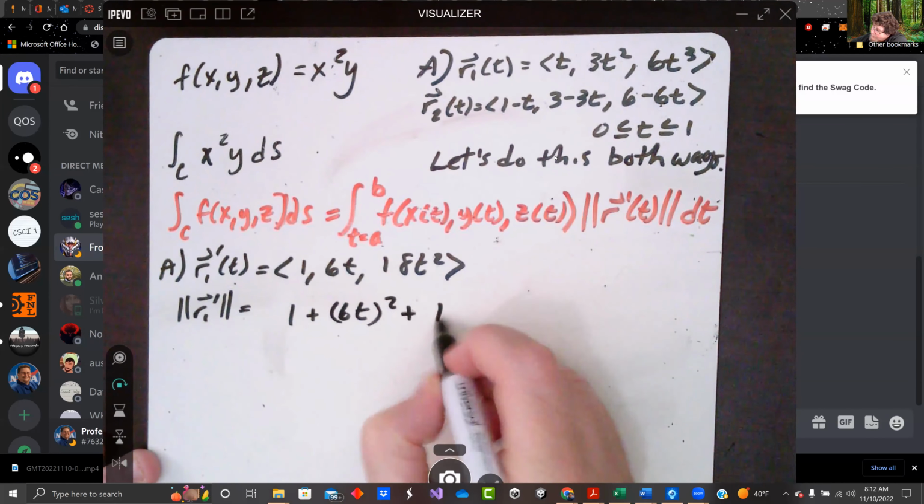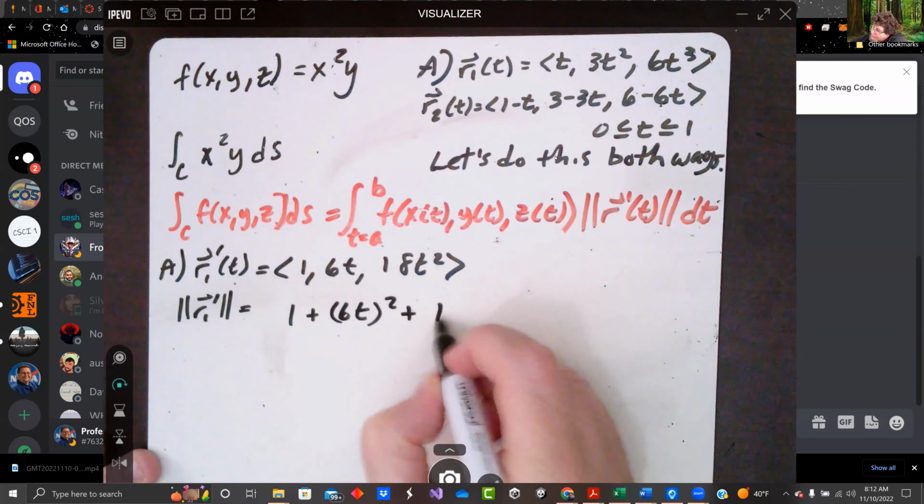I wonder if that factors. 324 T to the 4th. It does not. No, because if it factored, it would be like 18 times 1, 18 times 1. Oh, is this 18T squared plus 1, squared? It is. Look at that.